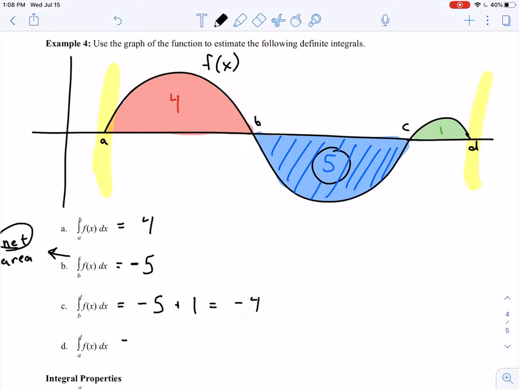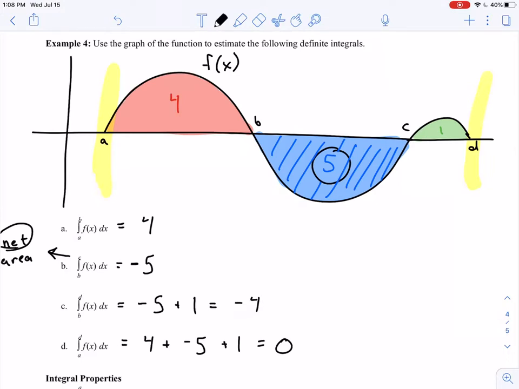So we have the red area of 4, that's above the x-axis, so that's positive, plus negative 5, that blue area falls below the x-axis, so that's negative. I'm going to say plus negative 5, but you could also say minus 5. And then we have that small area of 1 that's above the x-axis, so 4 plus negative 5 plus 1 gives me 0.